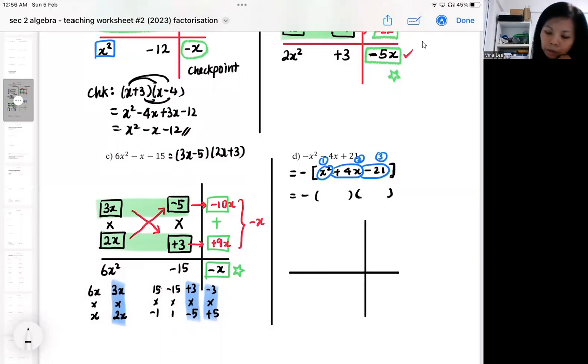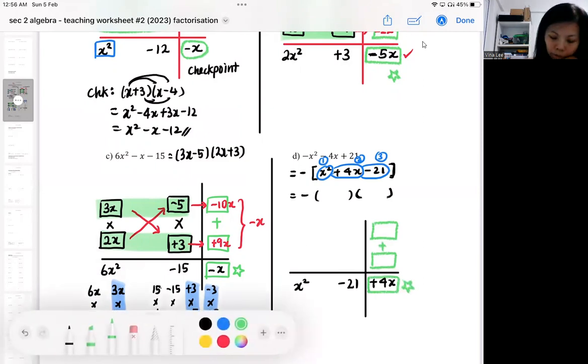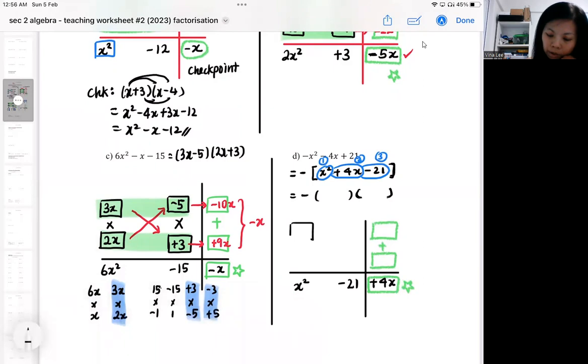So set up the zone first. So it will be x squared here, positive 4x here, minus 21 here. So you're going to set up the zone like this. Okay, this will be your checkpoint. You are trying to get this. So we set up the boxes. When you got x squared, it's very direct.